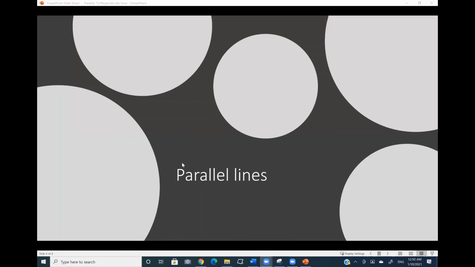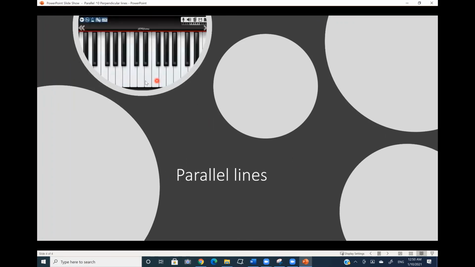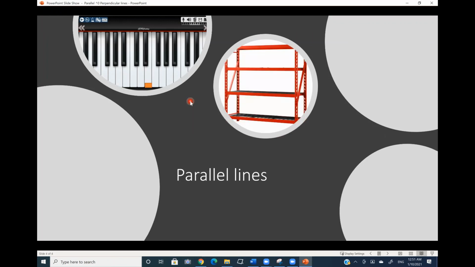We can find parallel lines in real life objects. For example, in the case of a keyboard, we can find parallel lines. If you notice, the little rectangle moves and the lines are not getting closer together. You can find more in the black keys too. In a bookshelf or in a shelf, you can find different sets of parallel lines.